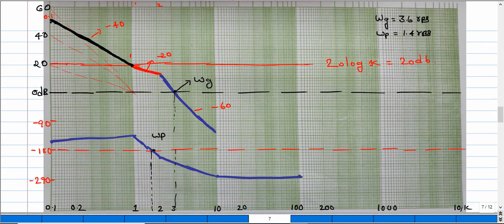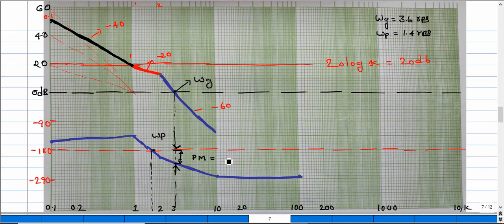In order to get the phase margin, using the same construction line, we need to measure this particular distance. This distance will give us the phase margin.